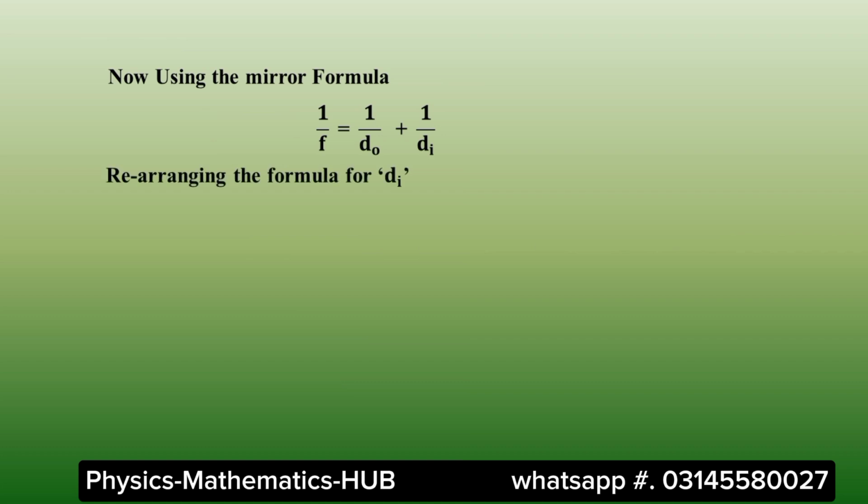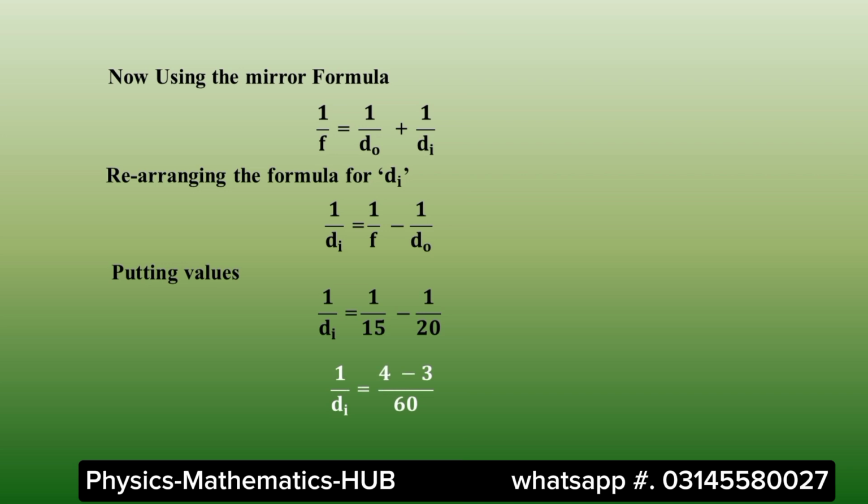Rearranging the above formula for di, we get 1 over di is equal to 1 over f minus 1 over do. Plugging the values, we get 1 over di is equal to 1 over 15 minus 1 over 20.